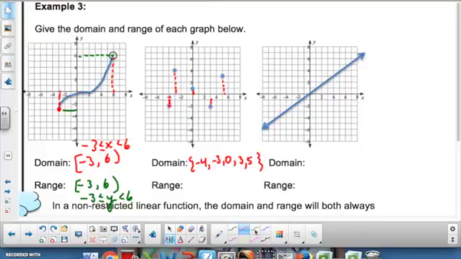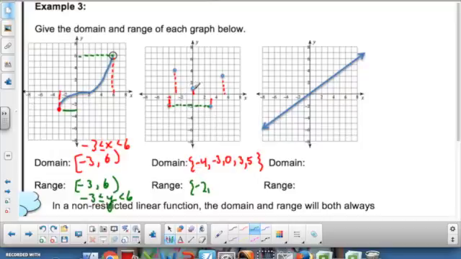When I get my range, or my outputs, I'm going to do the same exact thing, but this time I'm looking at my y-axis. I'm starting at the bottom and working my way up. Notice that I have 2 points that are at -2. I'm not going to list -2 twice. That is a part of the range just one time.